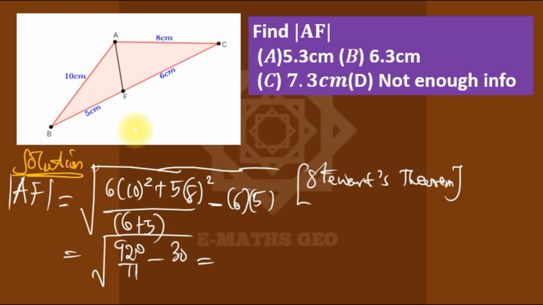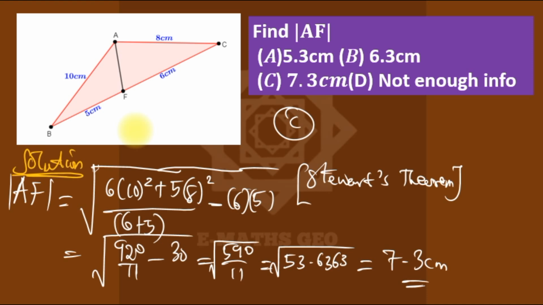And this should be 53 point, remainder 7, that's 63, so on the square root. So I think from the options, the best answer is C. That should be 7.3 something. So that's the answer. Now let me prove Stewart's theorem.